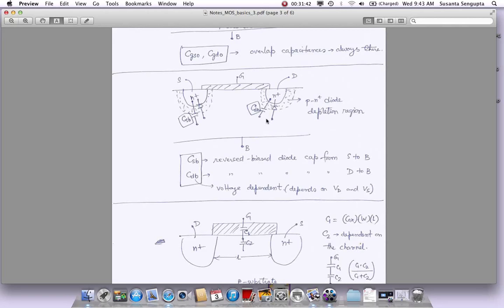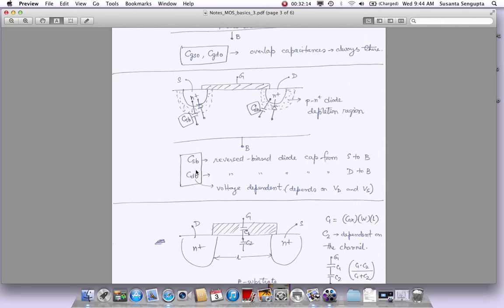If the drain is an output node, a large voltage swing here will cause a large voltage swing across this reverse bias diode, which will cause a change in this capacitance value, because we know that whenever a diode is reverse biased, as the voltage changes, the depletion region width changes, and that has an effect on the capacitance. So these are voltage dependent and could cause nonlinear capacitors. Nonlinear means it is changing over the voltage swing. That is what I mean by nonlinear.